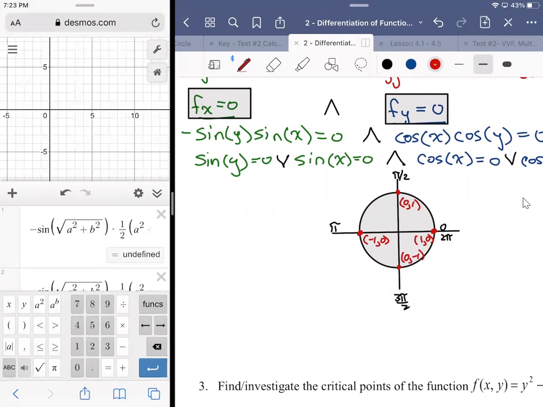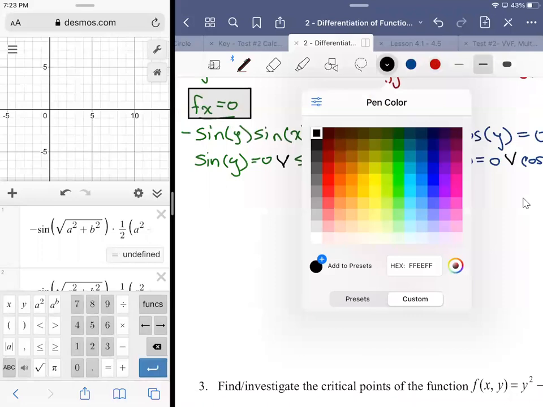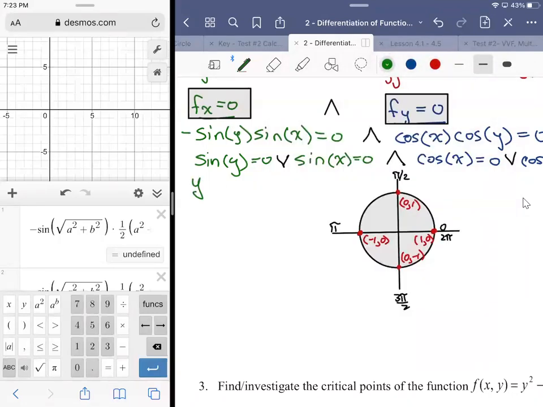So y would be equal to really just anything along the x-axis: 0, pi, 2 pi, and so on. And the same would be true for x because it's still a sine function. So x would be equal to 0, pi, 2 pi, and so on.